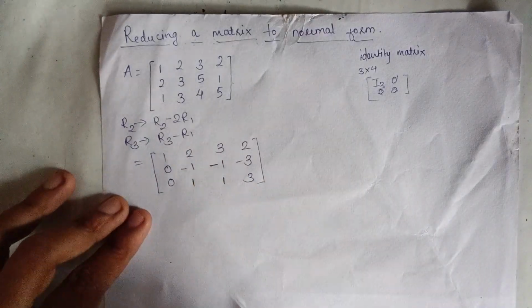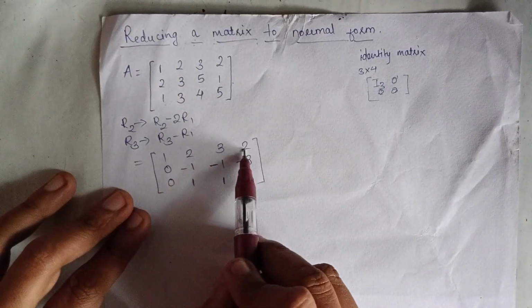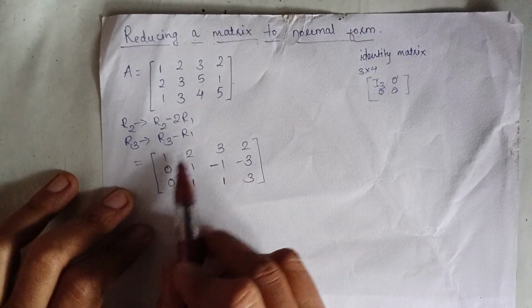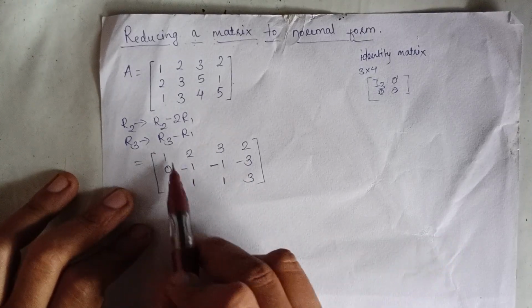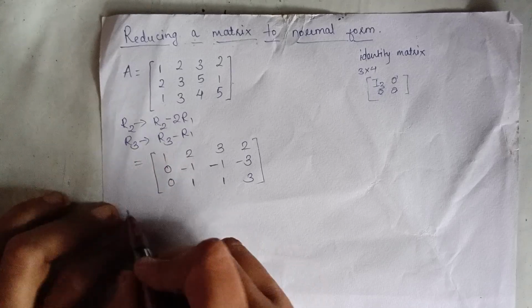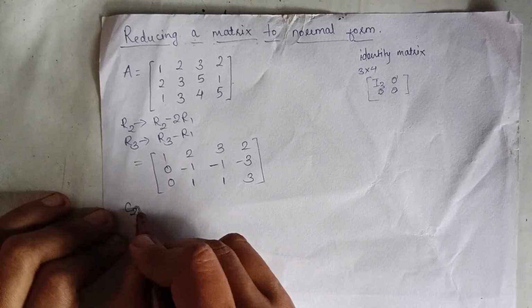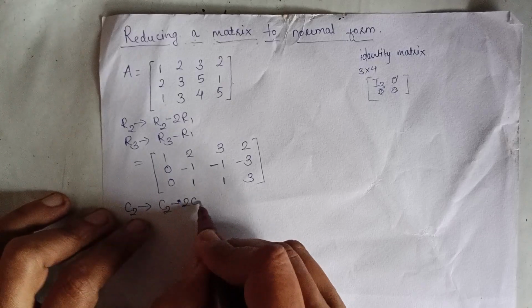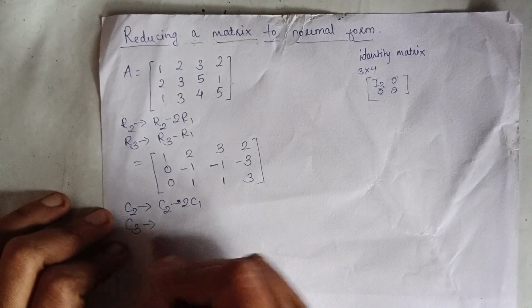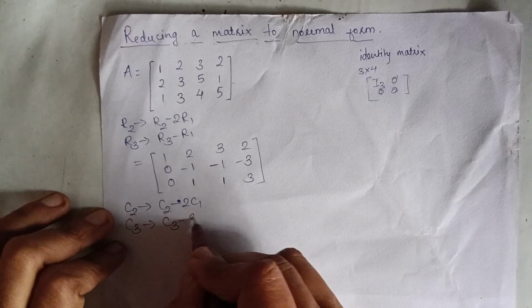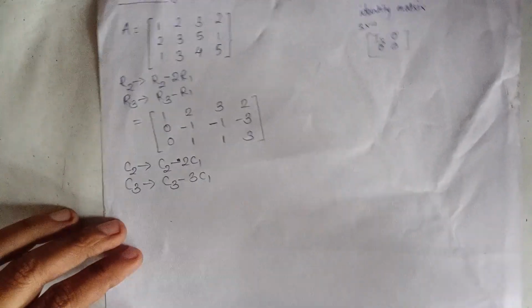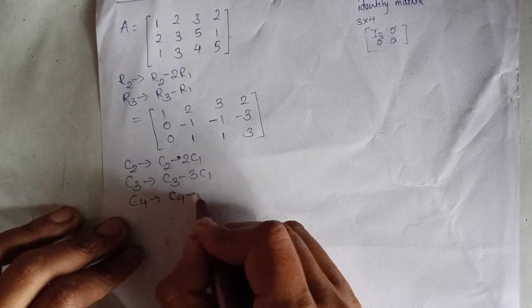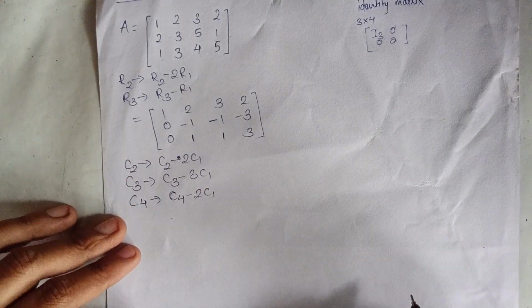Now you have to make this element 0. For that you have to make use of column operations. This is our first column, so we make use of this element. Column 2 changes to C2 minus 2C1, column 3 changes to C3 minus 3C1, and column 4 changes to C4 minus 2C1.